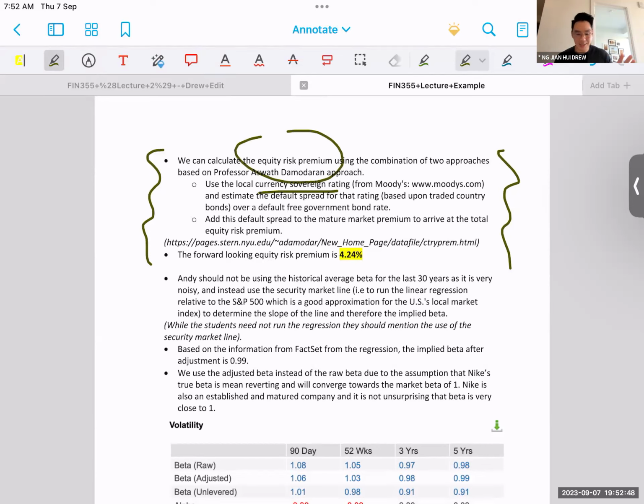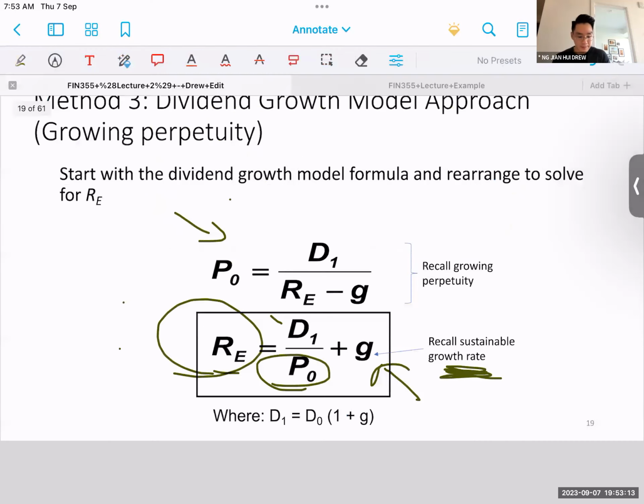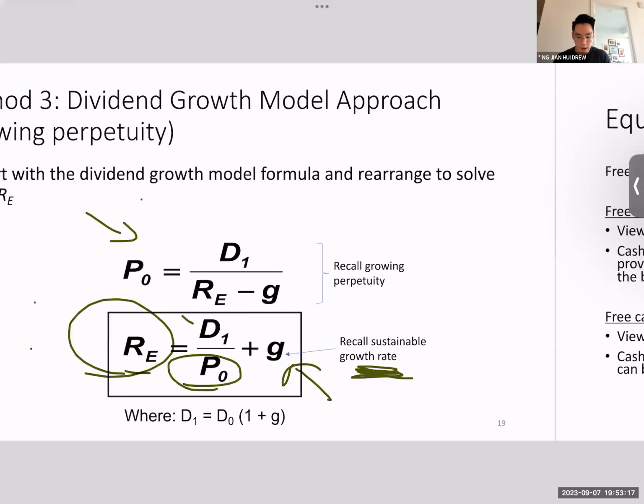He wrote many textbooks, but he's very famous for this page where he provides the market risk premium for all the countries, and he updates it very regularly, every month or so. You can copy the link and have a look at it. If you consider this in your valuation report, that would be amazing. All right.